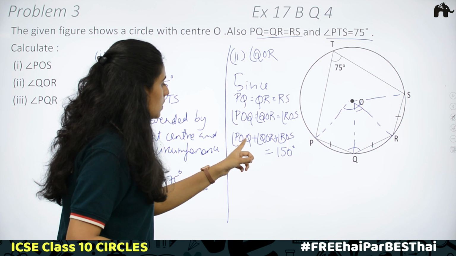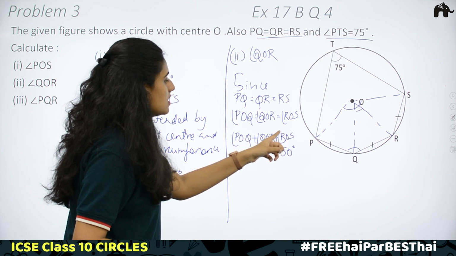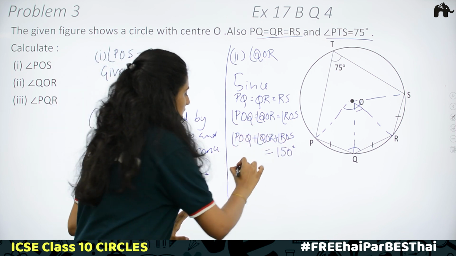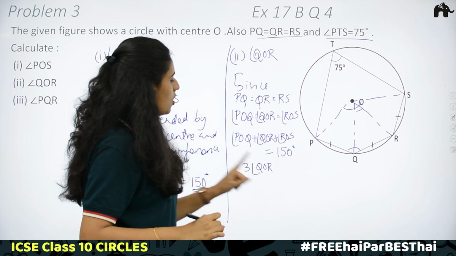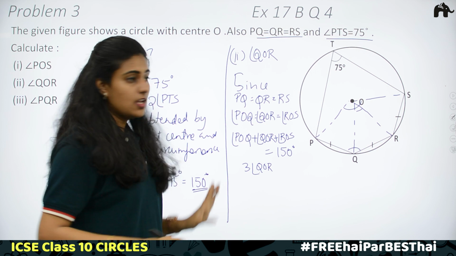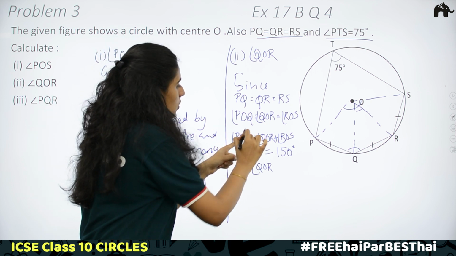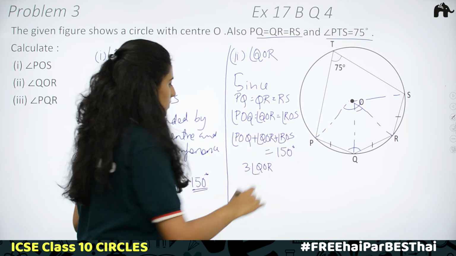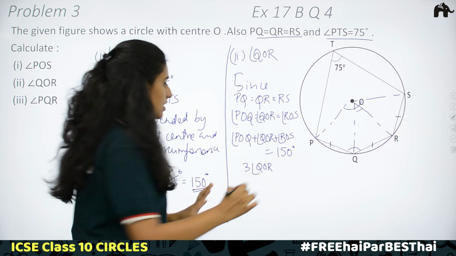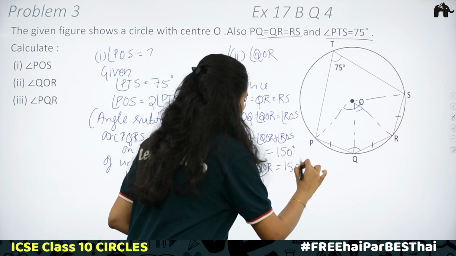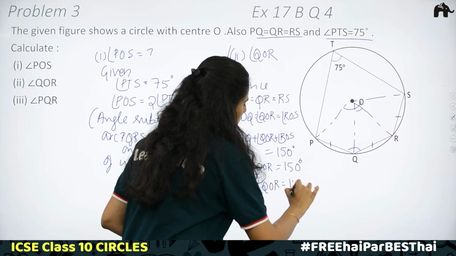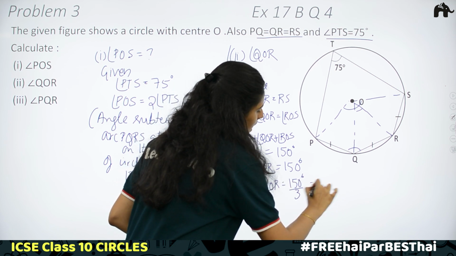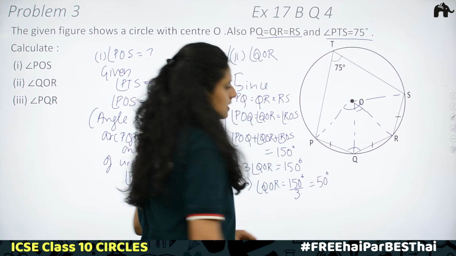Now, since POQ is equal to QOR is equal to ROS, we can write it as 3 times angle QOR. Why have I taken QOR? Because we have to determine QOR. QOR, POQ and ROS are equal. Okay, 3 times QOR is equal to 150 degrees, which implies angle QOR is equal to 150 degrees divided by 3, and that is 50 degrees.